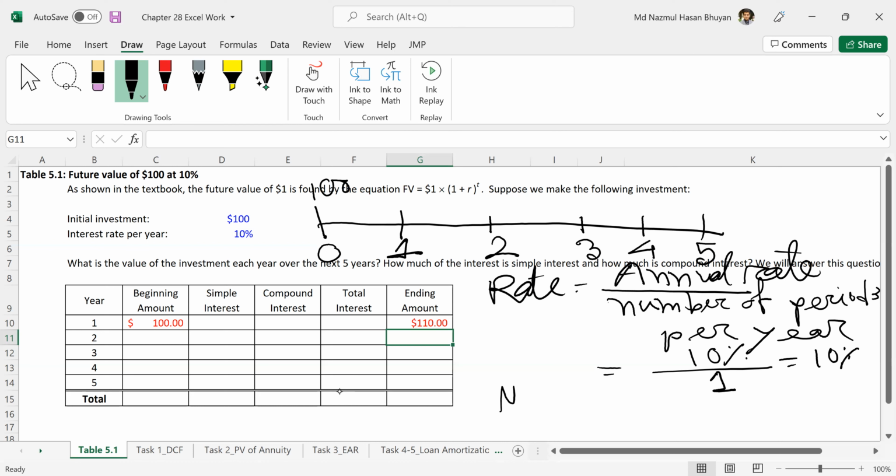Likewise, N per is what? Total number of periods per year. So it is years times number of periods per year.